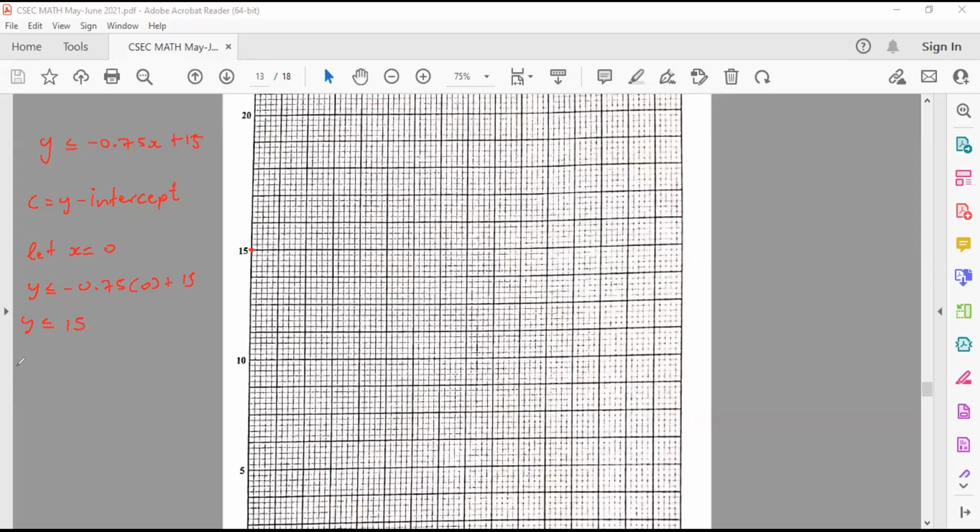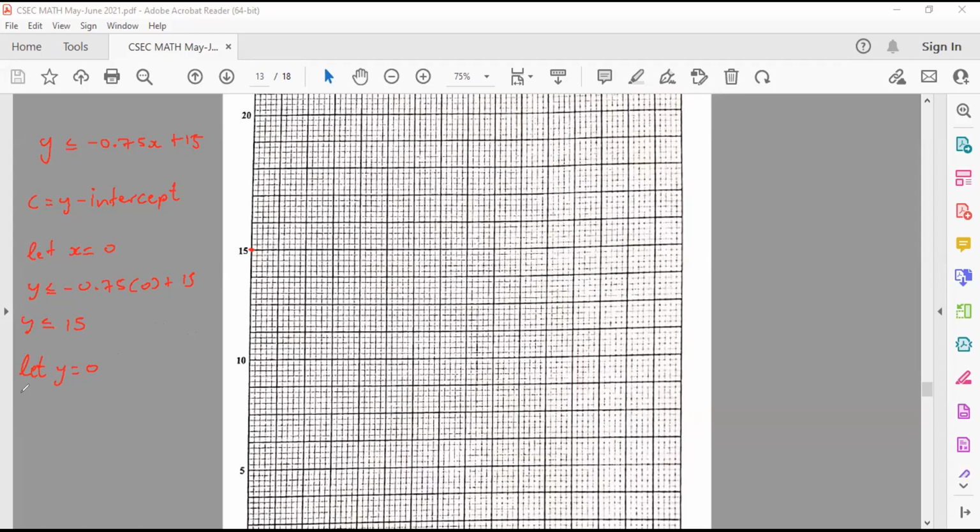We can also say let y be equal to 0. The reason is we just really need 2 points. Y could have been any other number, it could have been 3, 4. I'm just saying use 0. So let y equal to 0.